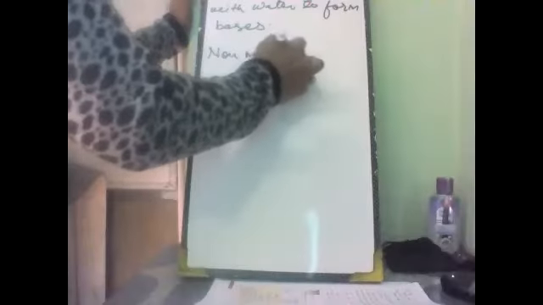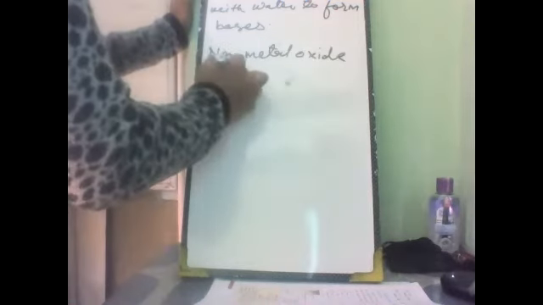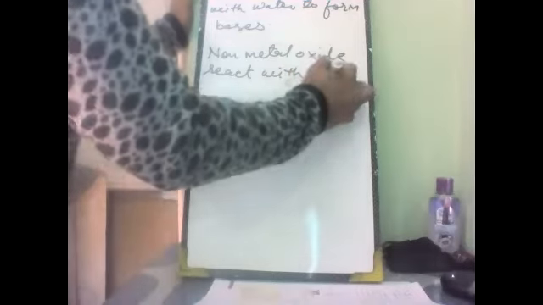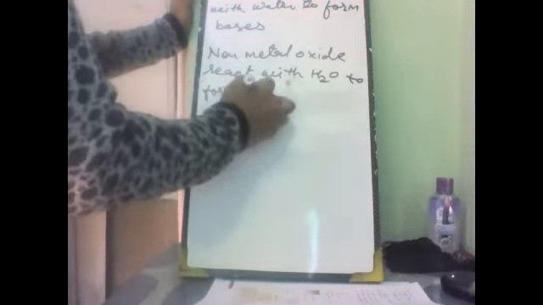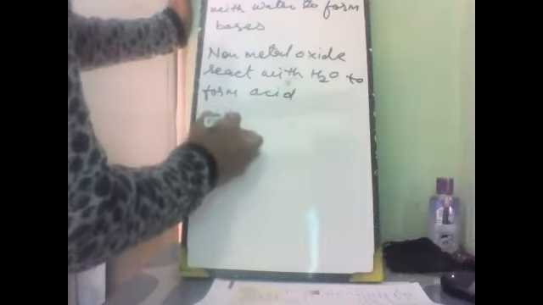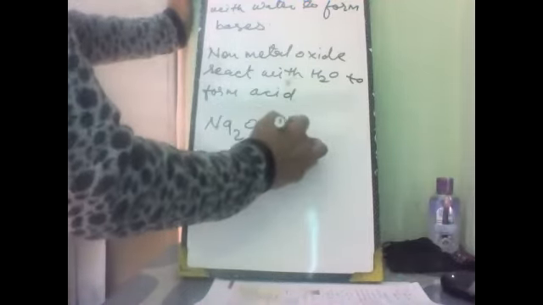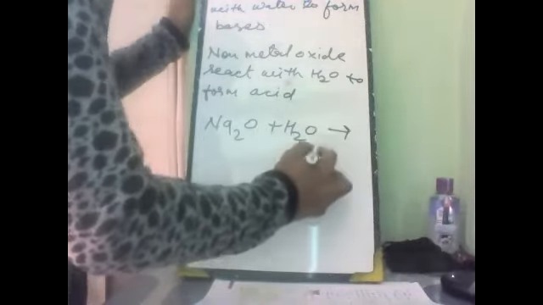Non-metal oxide reacts with water to form acid. See, a metal oxide is Na2O. Sodium is a metal. When it reacts with water, it forms sodium hydroxide.